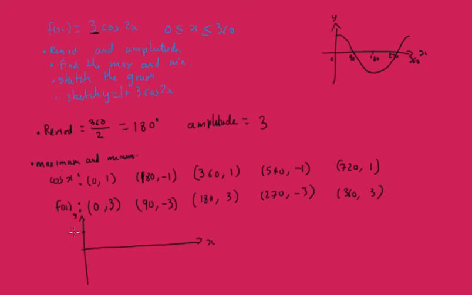We do 3, minus 3, and we've got 90, 180, 270 and 360.